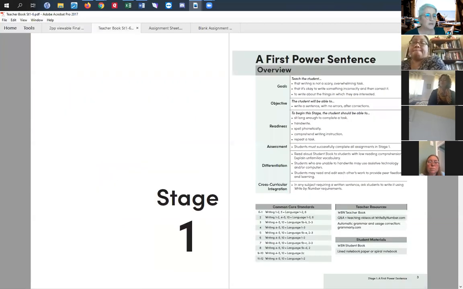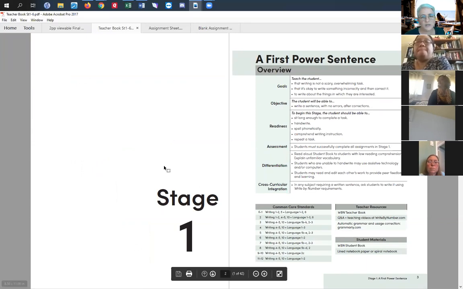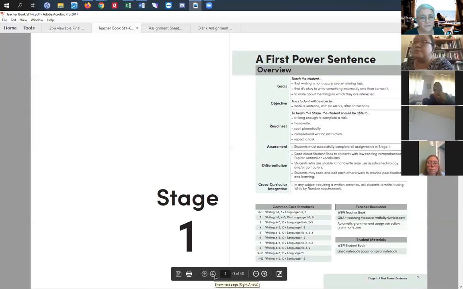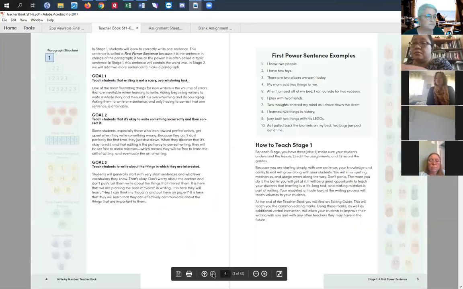The teacher book starts with an overview, and just so you know, a lot of the graphics are missing for the teacher book. So it's prettier than this, but every stage starts with an overview, gives you all sorts of goals and objectives, gives you Common Core standards if you need them. A lot of lesson plans require them.